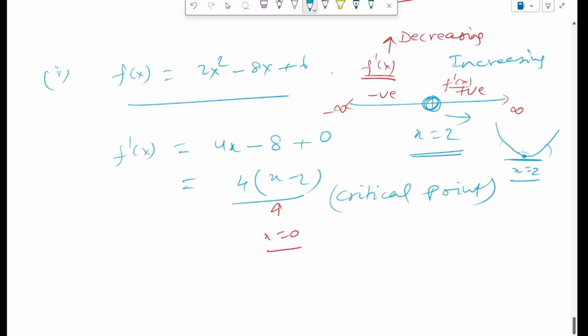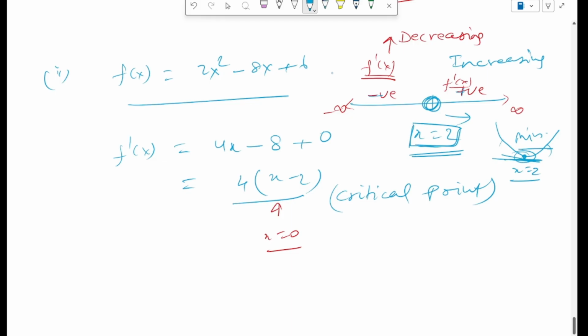This will become the minimum point, right? So by looking at the decreasing and increasing nature of the function, we can also predict the nature of the function's value at critical points.